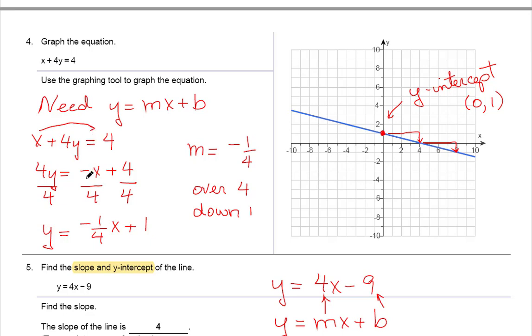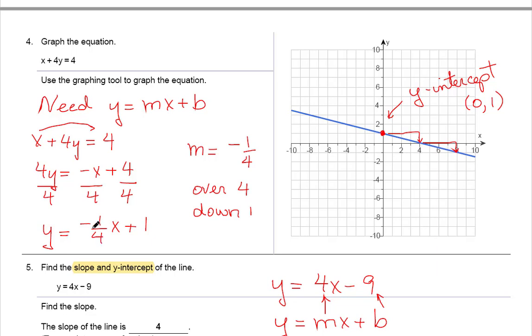It's now on the right-hand side. I need to clear away the 4 that's multiplied by the y, and so I divide all terms by 4. So 4 over 4, that's a 1. This minus x over 4, I can split the number away from the variable, and that's minus 1/4.